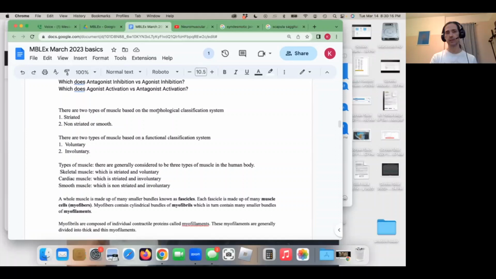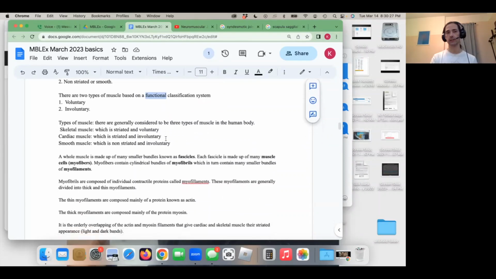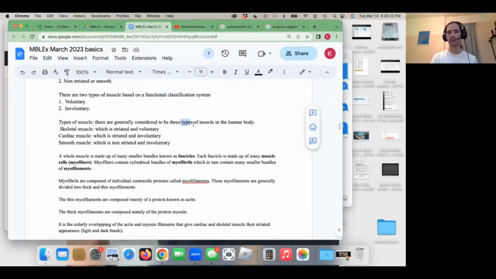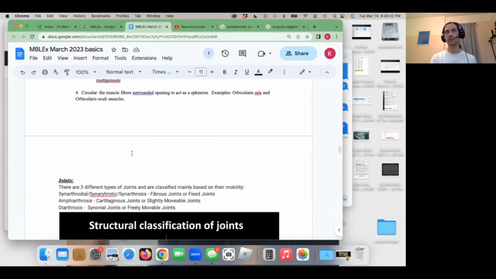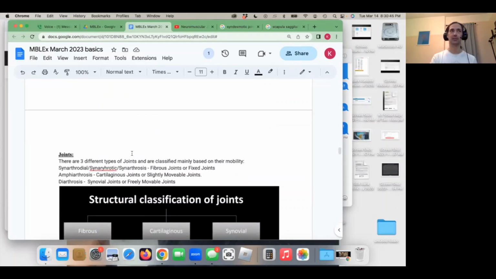So muscle cells, for example, are classified by morphology, that's like how the tissues are formed, and they're classified based on their function, like are they voluntary or involuntary, and then they're classified by type, like whether it's skeletal, cardiac, or smooth. And just knowing those 3 classifications are there can help to prevent a lot of confusion, because it's easy to mix up, for example, a cardiac type of muscle with an involuntary versus voluntary function of muscle versus a striated or non-striated morphology of a muscle.